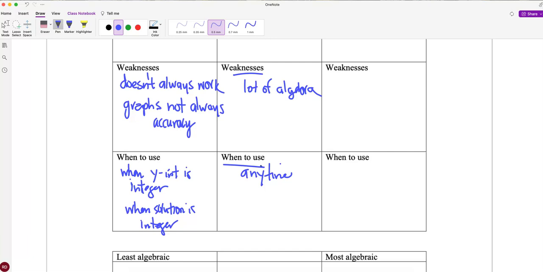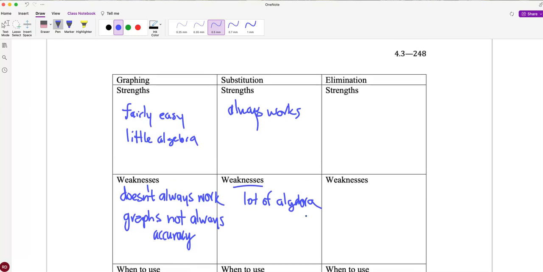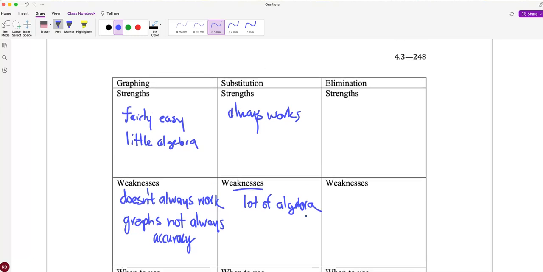So if one of the coefficients is 1, then it's easy to solve for that variable. So substitution works. Elimination always works, okay?